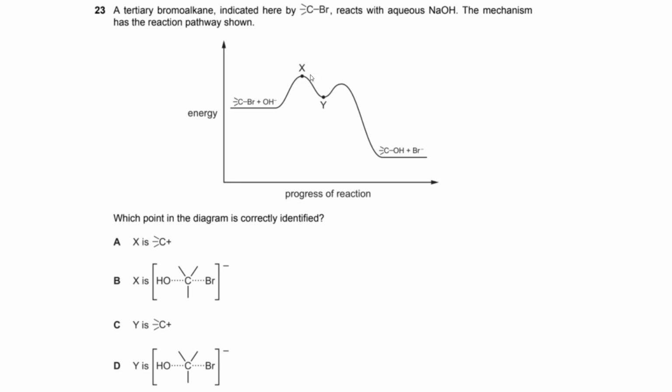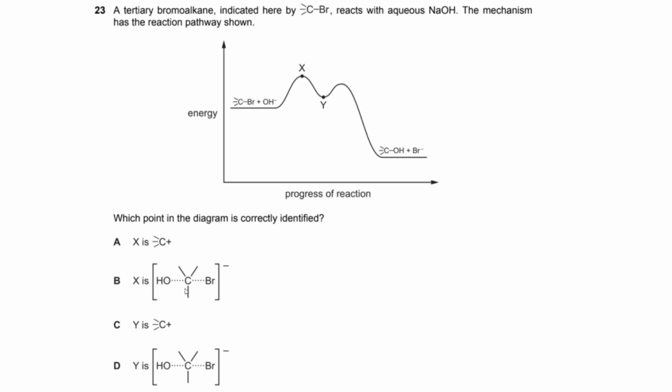It's asking us to identify X and Y. We have to remember that X is when we have the curly arrow over, that's our first step. Y is going to be where we have our carbocation. So we have to think, what's supposed to be in each step here? It says X has the carbocation, and we think, nah, that's Y's spot.